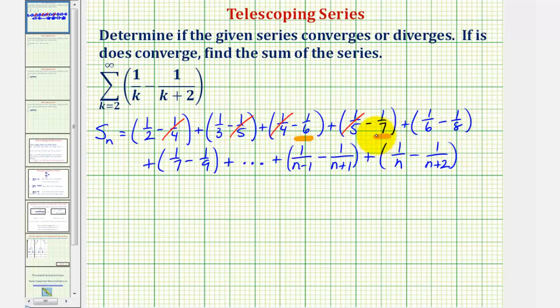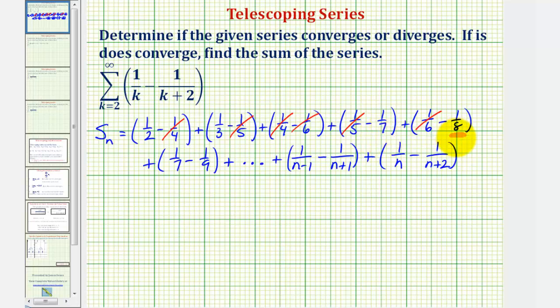Now let's continue simplifying until we recognize the pattern. So next, notice how we have minus 1/6 plus 1/6. So if we wanted to find the sum of the first 5 groups of terms, again notice how we have the 1/2 plus 1/3 again, and the only remaining two fractions are these last two fractions from the last two groups, here and here.